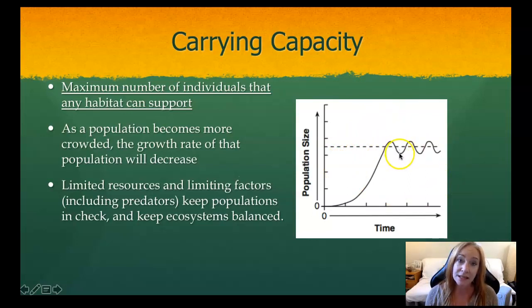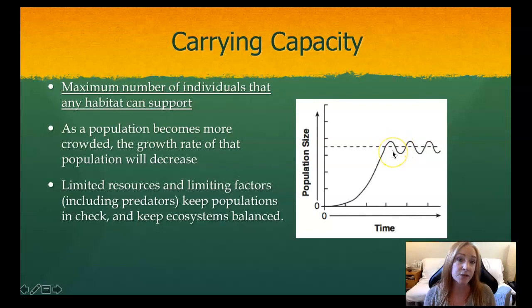We see that in a downward curve, with fewer individuals. The bottom of this curve represents the point at which the habitat starts to rebound, and the resources that the population relies on start to increase again. The population then grows again because it has enough resources to reproduce and be successful, and that continues in this cyclical wave across time in a habitat.